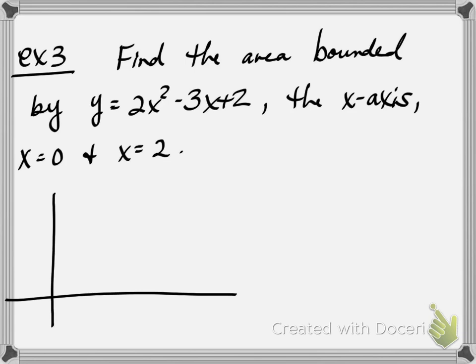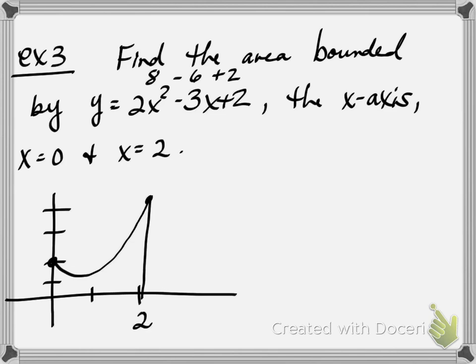So if x is 0, y is 2. X is 2, y is 4. Sorry, my brain's so tired. So it looks like this. So we're talking about this between 0 and 2. Talking about this area.